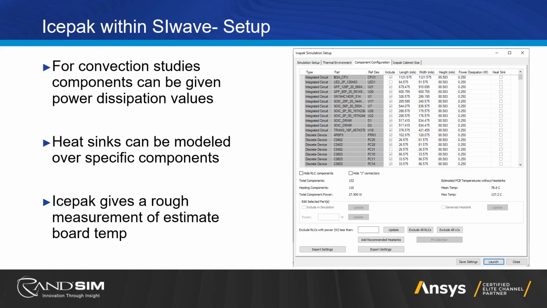The other thing that I think is kind of nice about this too within SIwave is that the Icepak tool, as you can see towards the middle of that dialog box, there's an estimated PCB temperature without heat sinks. So what this will give you is an approximation of what SIwave believes the max and mean temperature for your PCB, with or without components, will be for this study.